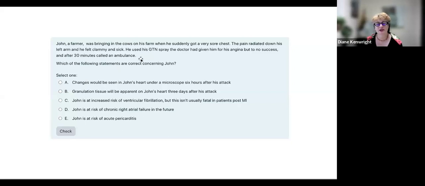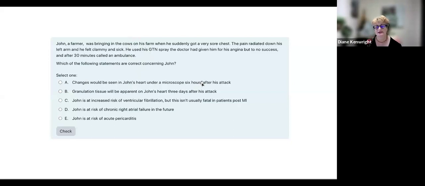So this person is having, it looks like, a myocardial infarct. So what it's really asking is, which of these statements are correct concerning a myocardial infarct?